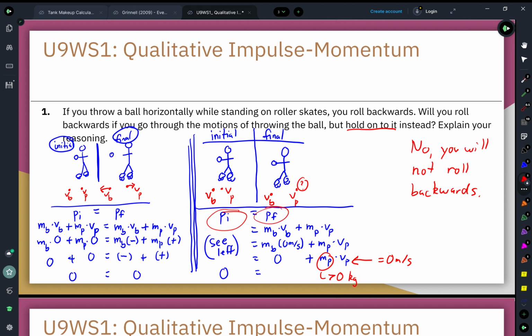And then from that, we were able to plug in our values to calculate the individual momentums of the ball and person at the initial and final condition in order to ultimately decide that the person should not be moving if the ball itself ends up not moving.